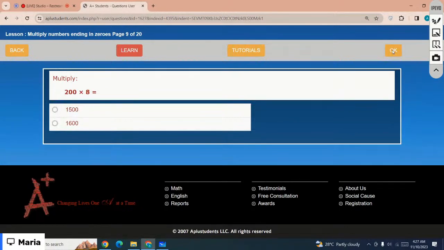Okay, the next one is 200 times 8. The correct option is, 8 times 2 is 16, so that would be 1600 is the correct option.